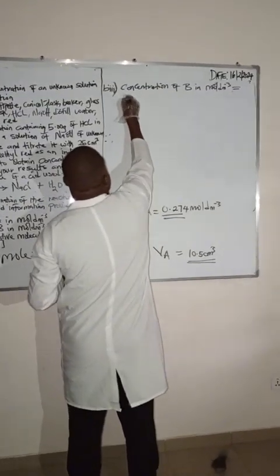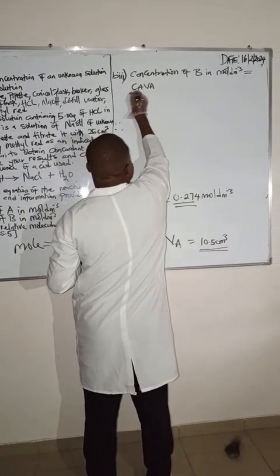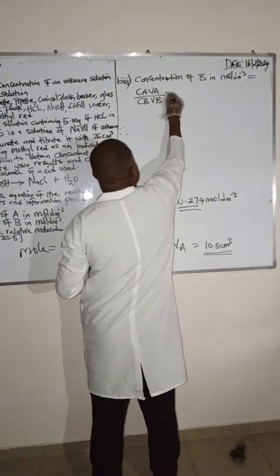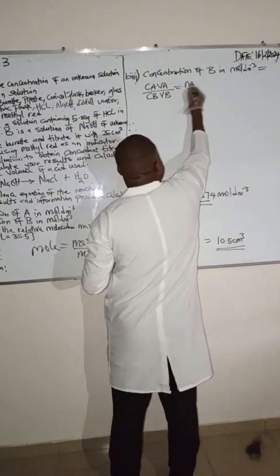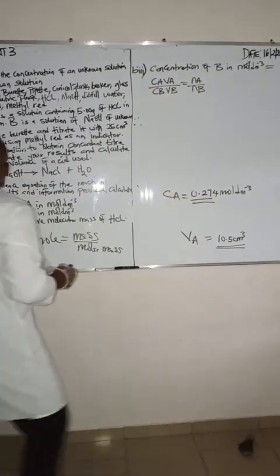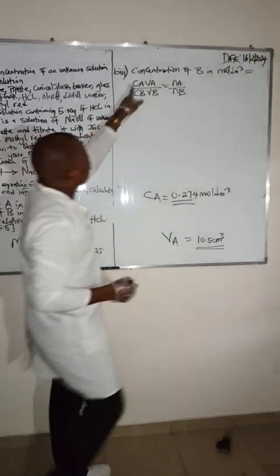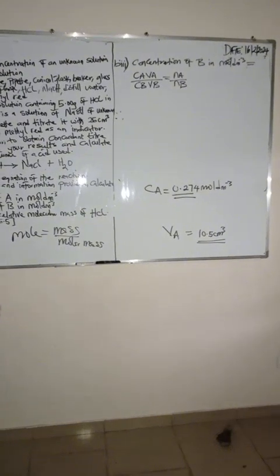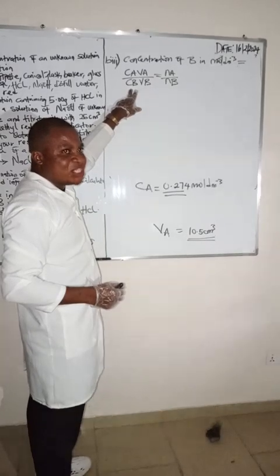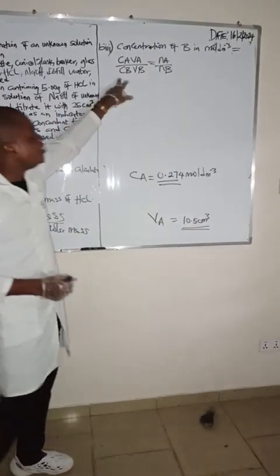CAVA all over CBVB is equal to NA over NB. In III I said calculate the concentration of B in mole per dm cube. Now we are going to make CB the subject of the formula.